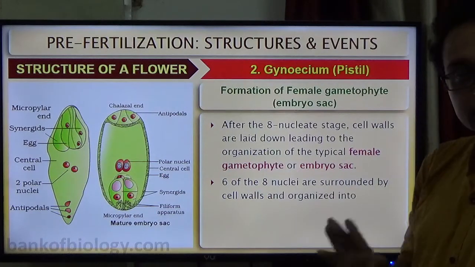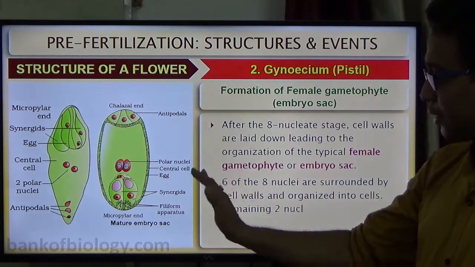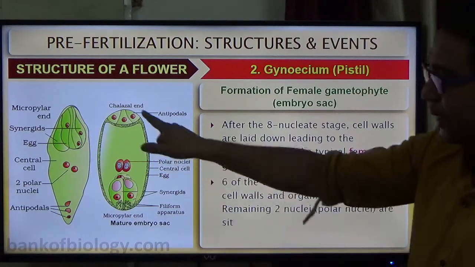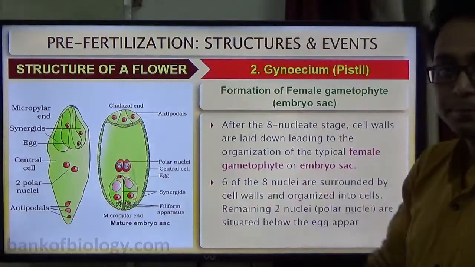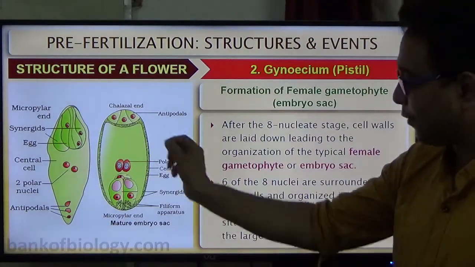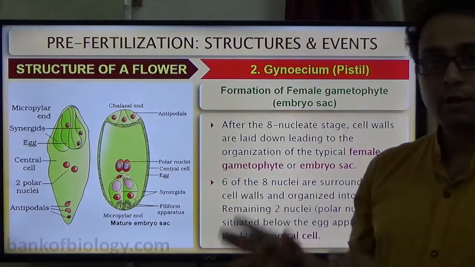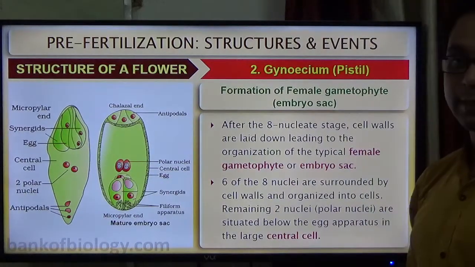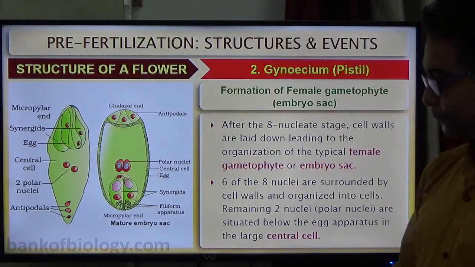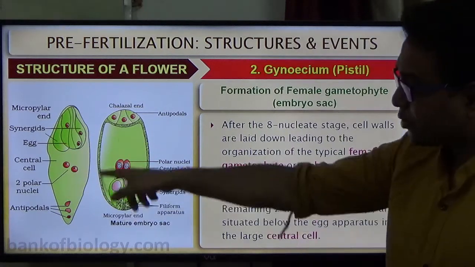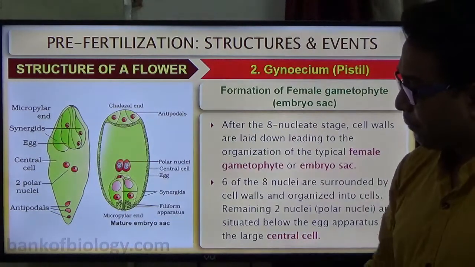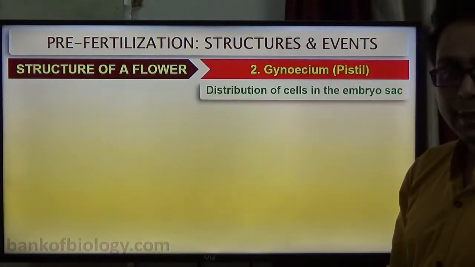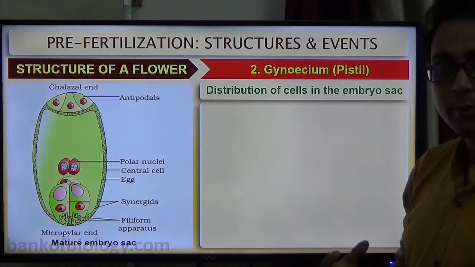So 3 and 3, 6. So 6 of the 8 nuclei are surrounded by the cell wall. But 2 nuclei are free in the middle. So it is called central nucleus. Clear? So this is the structure of the embryo sac.